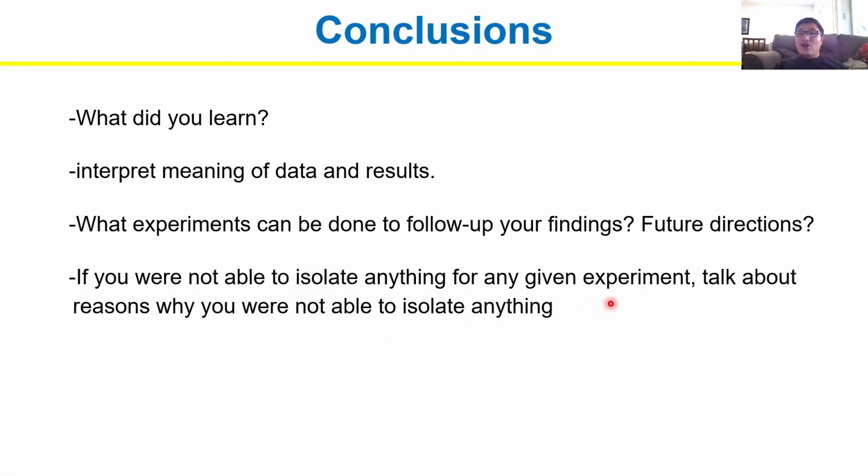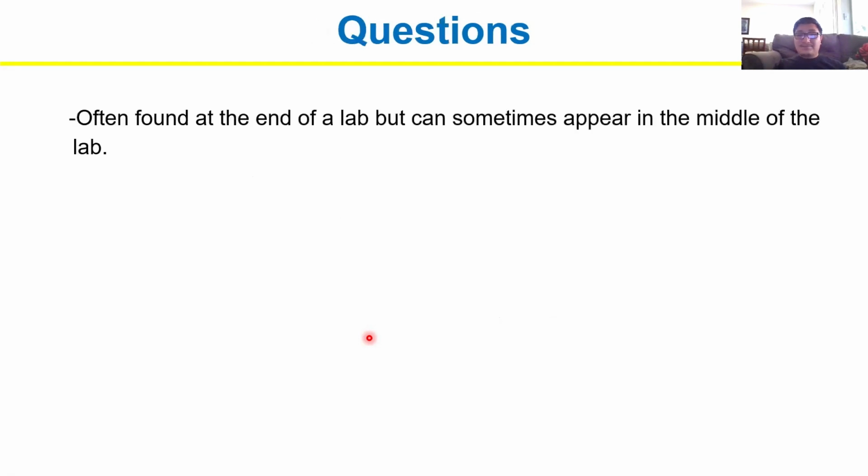What I want you to talk about in that case is reasons why you were not able to isolate anything. Were the cells growing more slowly than predicted? Was the temperature too high, too low? Give me ideas as to, or predict reasons why the experiment failed, and also provide possible ways to troubleshoot. How will you overcome the speed bumps that you encounter in the experiments?